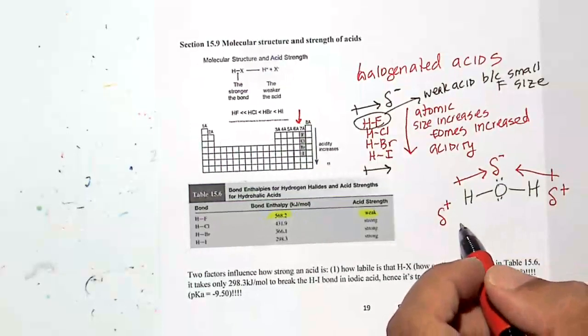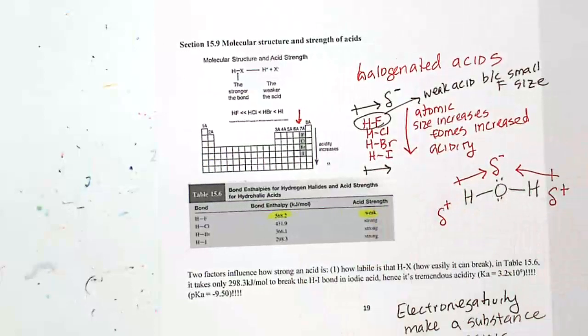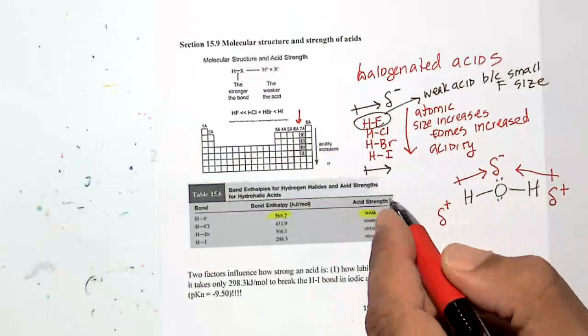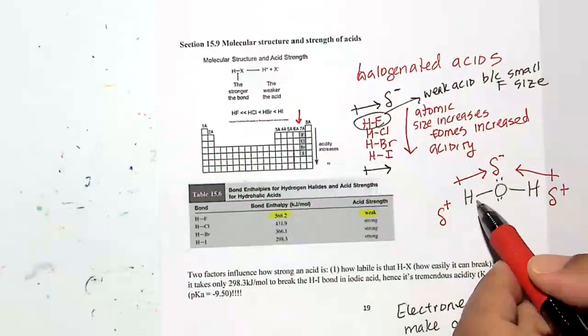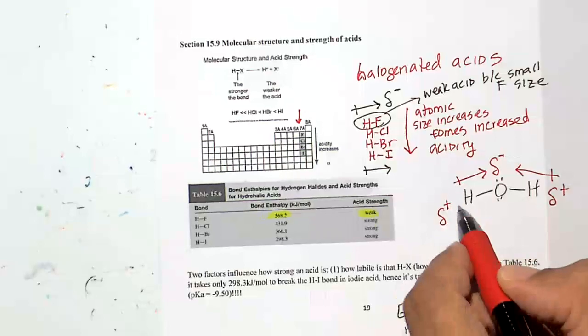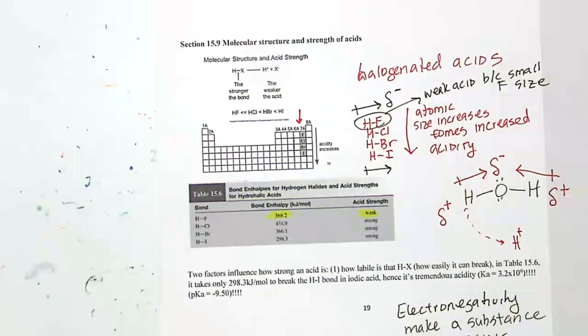That oxygen is partial negative. So this is the reason why water can be a weak acid, because it can pull, and given the right environment, or given other molecules, this proton can come off. Okay, so the pulling power can make the proton go away. Because it essentially pulls all of its electrons, and then the H comes off as H plus.